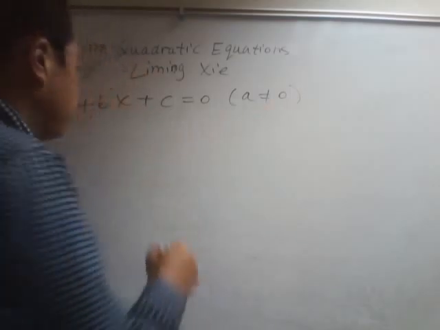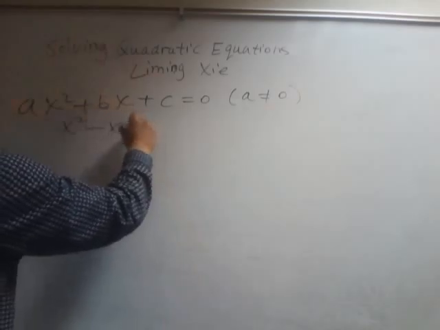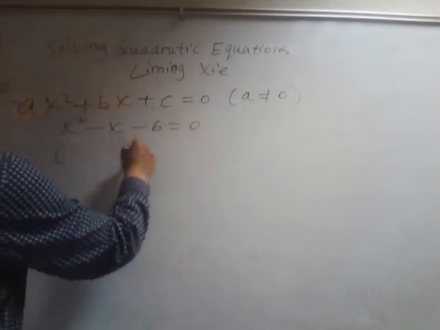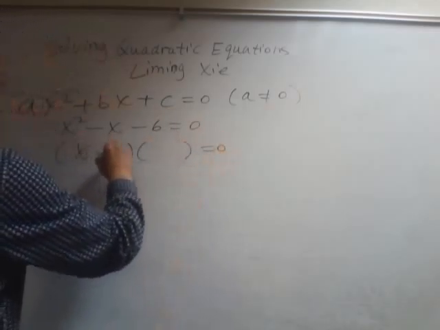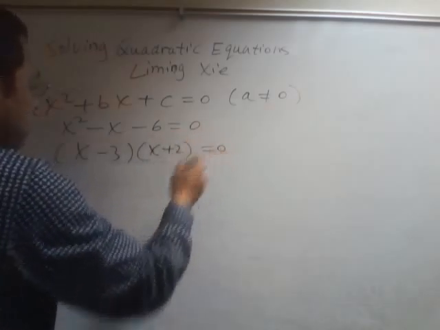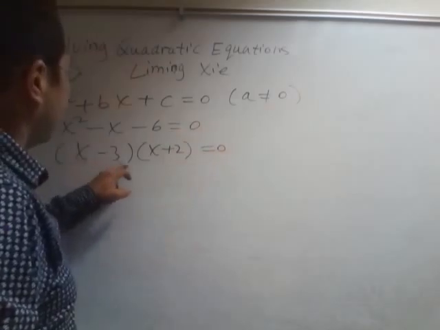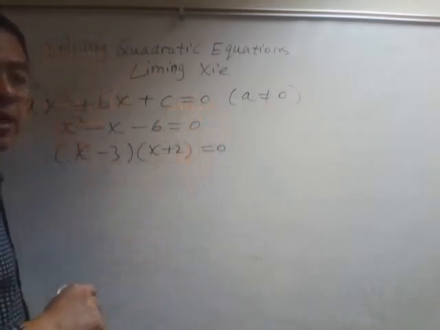Let's take a look at an example. x squared minus x minus 6 equals 0. We make two factors, okay? (x minus 3)(x plus 2) equals 0. Why do we make x minus 3 times x plus 2? Because we can break down negative 6.